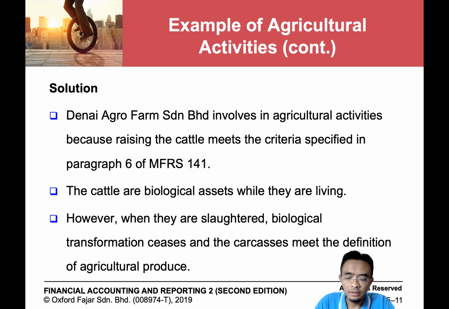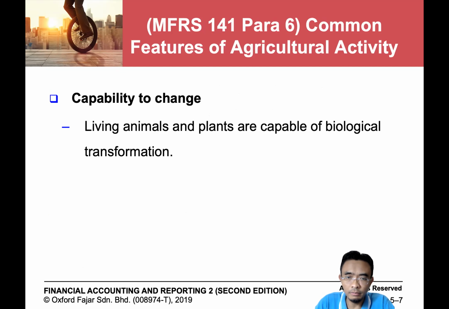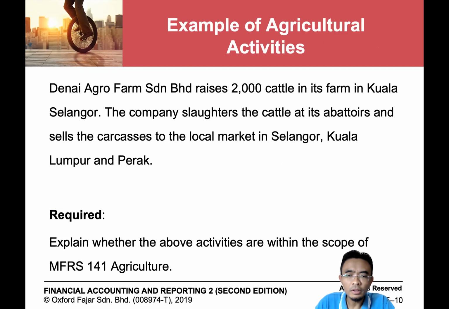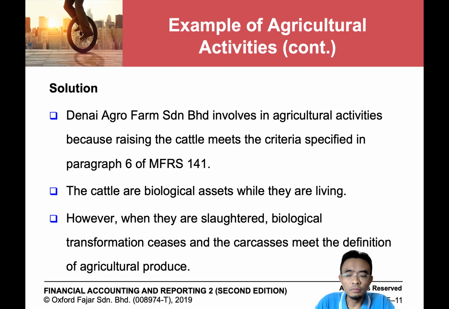The criteria I discussed earlier are the capability of change and the management of change. So the activities done by Denai Agro Farm Sdn Bhd are considered as agricultural activities, and covered under MFRS 141 Agriculture.